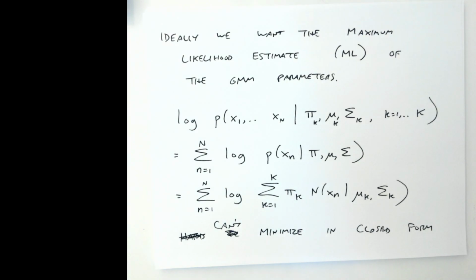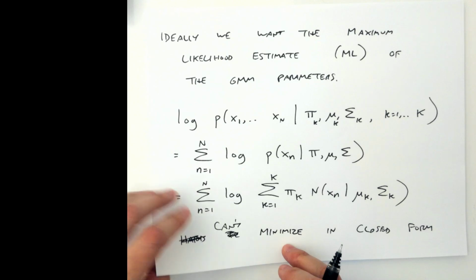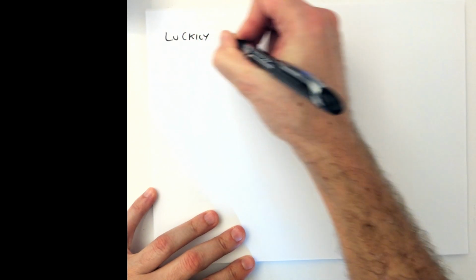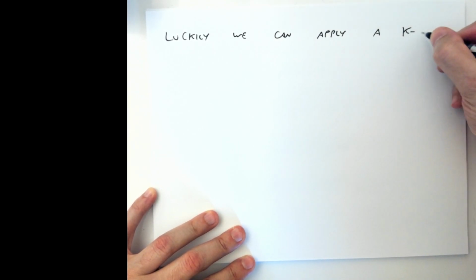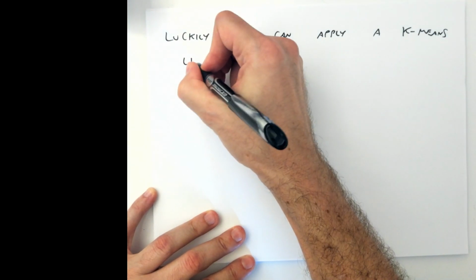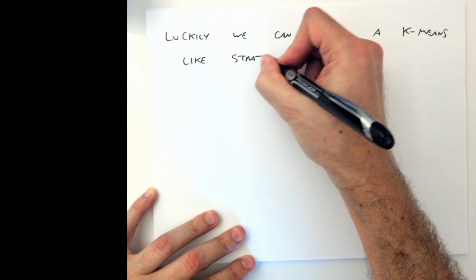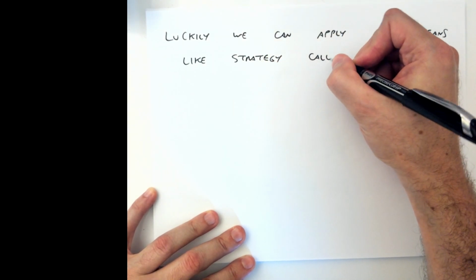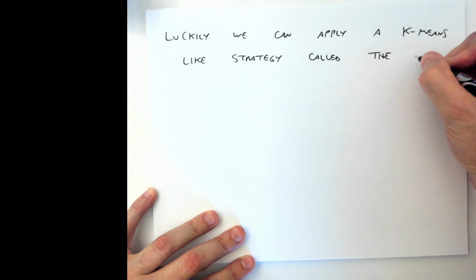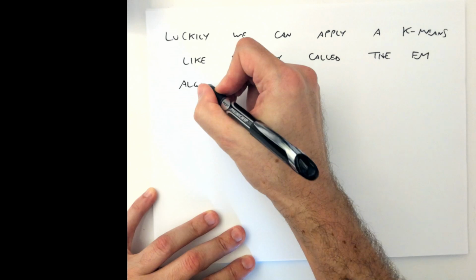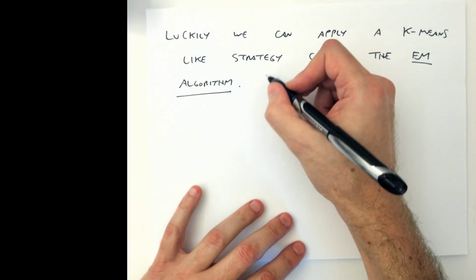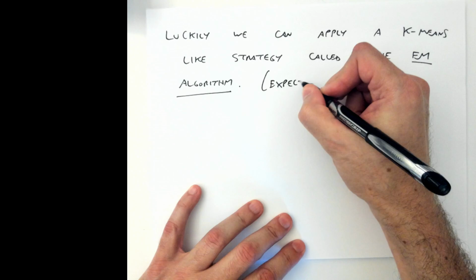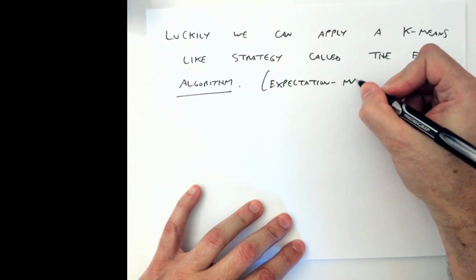Luckily, we can get good estimates of all these parameters using an algorithm very similar to k-means, this idea of seesawing back and forth between updating different things. So luckily, we can apply a k-means-like strategy called the EM algorithm. EM stands for expectation maximization.